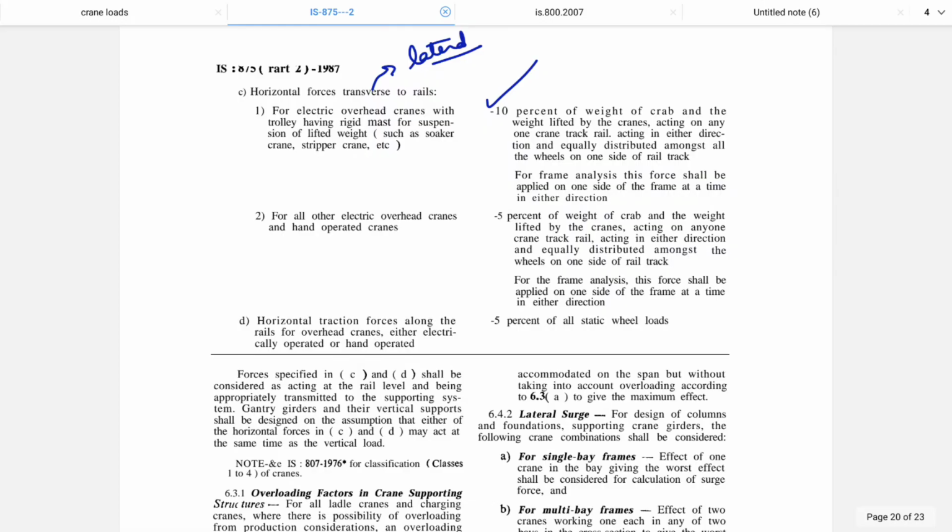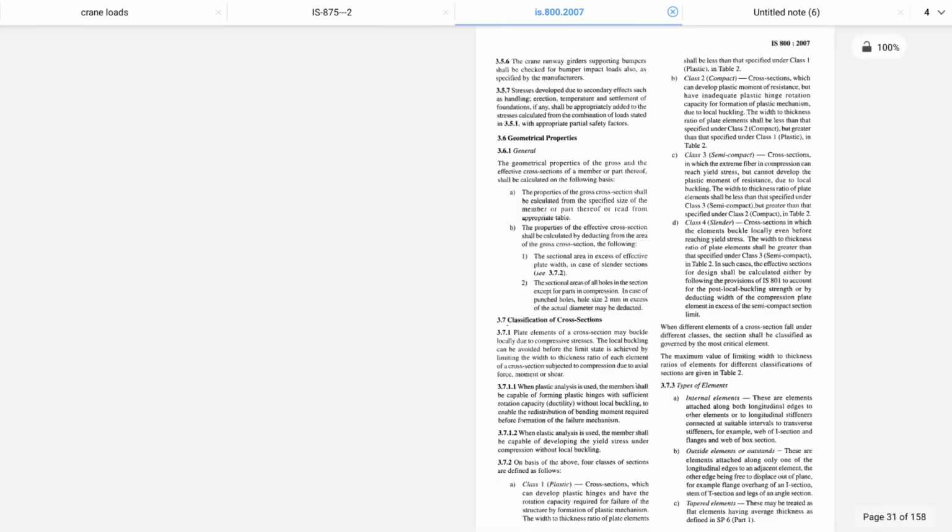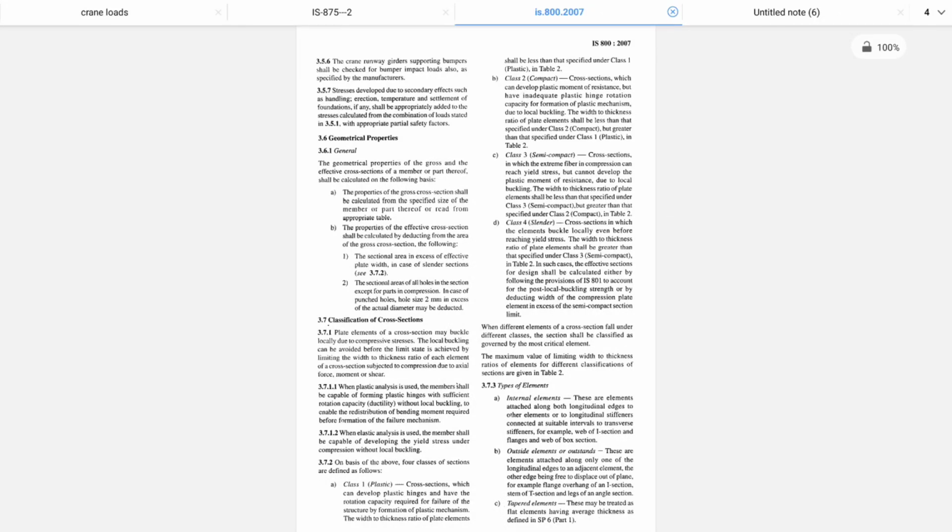And when we are considering along the rails for overhead cranes, either electrical or so, we have 5%. This is longitudinal. All right, 5% of longitudinal. So this is also given in 875 probably. Let me just check.